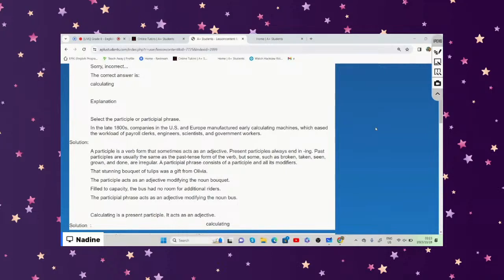So once again, a participle is a verb form that sometimes acts as an adjective. And present participles always end in ing, like we did with calculating. And then past participles are usually the same as the past tense form of the verb.